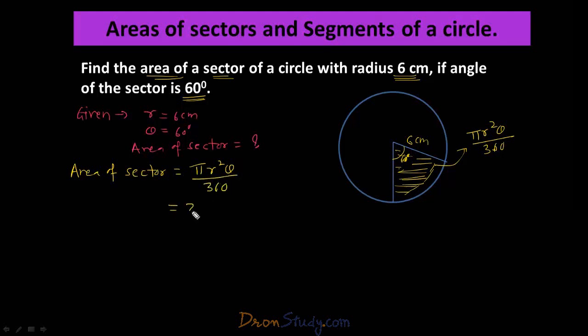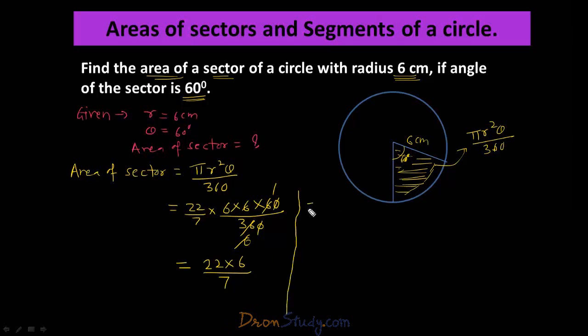So which is equal to 22 by 7 into r is 6 into r is 6 into theta is 60 divided by 360. 0 will get cancelled, 6 1s are 6, 6 6s are 36, 6 and 6 will get cancelled, so which is equal to 22 into 6 by 7.